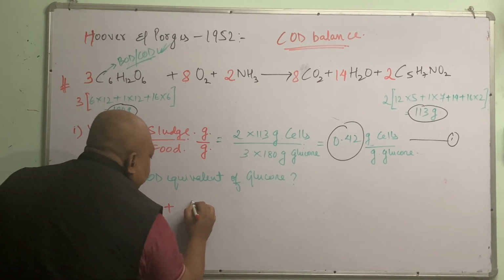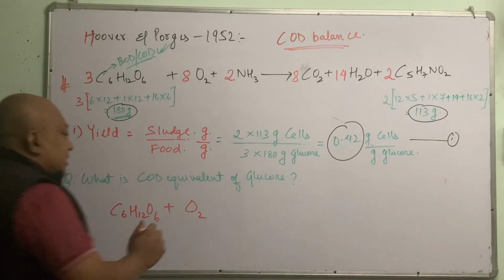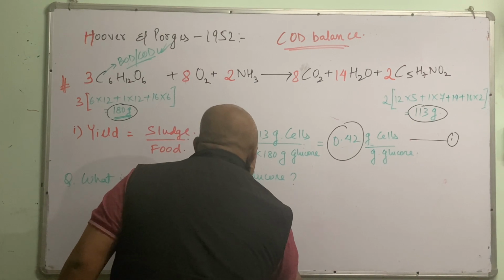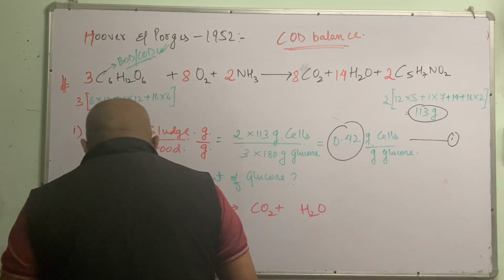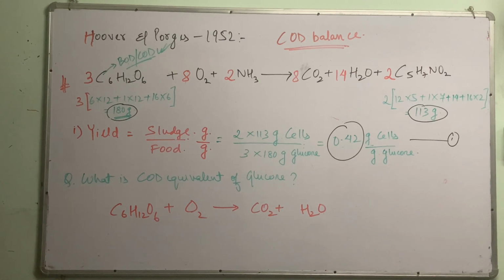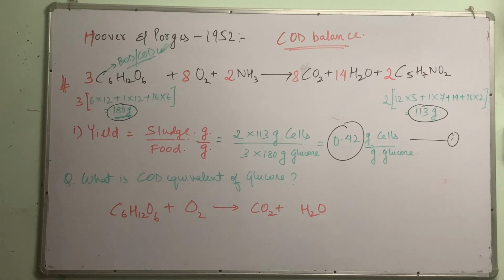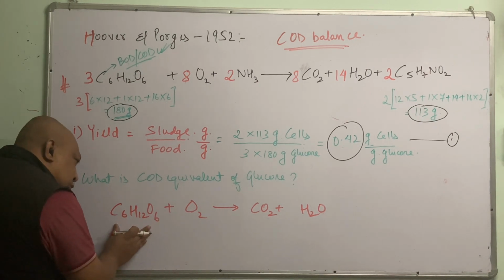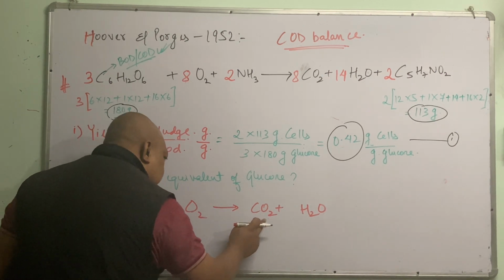C6H12O6 plus oxygen. Say, for example, glucose is converted into the byproducts CO2 plus water. In this equation, if you want to convert glucose into COD, for every gram of glucose, how much COD is it equivalent to? Glucose requires oxygen and it biodegrades into carbon dioxide and water.